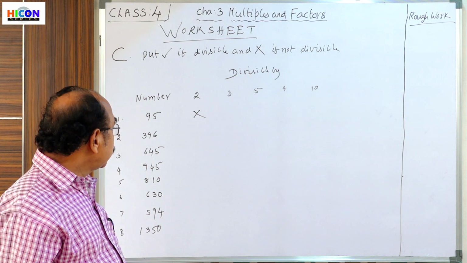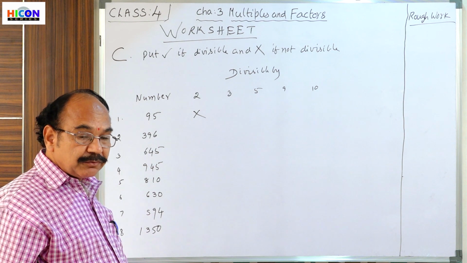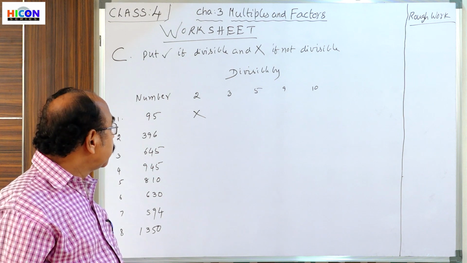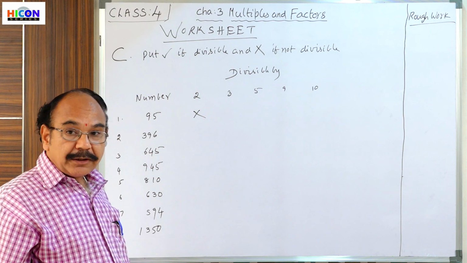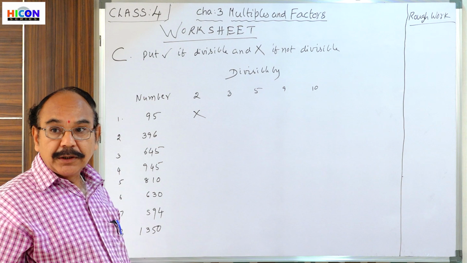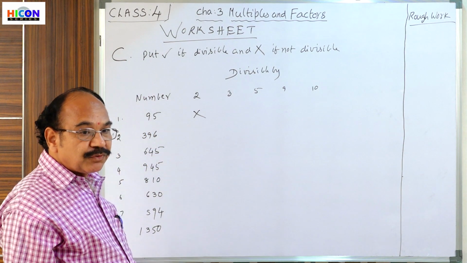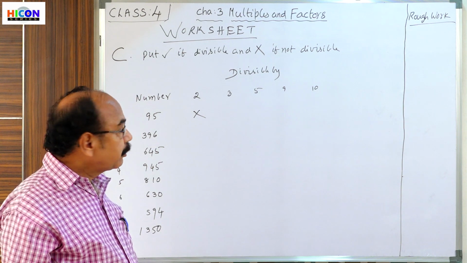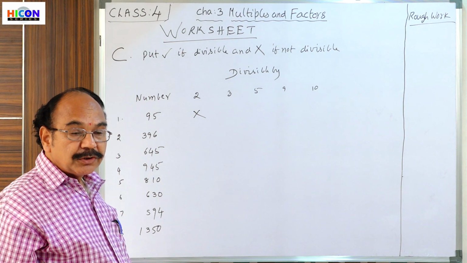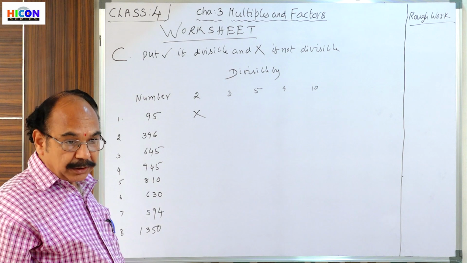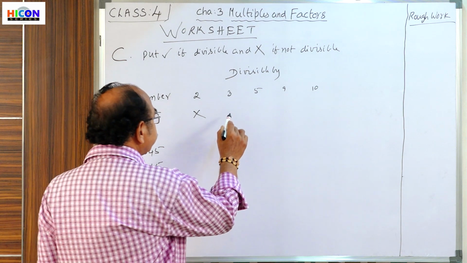Okay, what is the condition? If the sum of the digits of the number is divisible by 3, then the number is divisible by 3. So here 95, 9 plus 5 is 14. 14 is not divisible by 3. So here a cross mark.